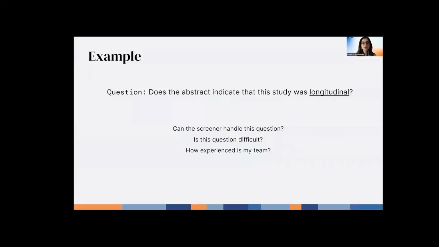So let's go back to our theoretical part. We should be aware that simple questions may not be enough for reviewers. For instance, in terms of this question related to study type, we must know if our screeners can handle this question, if it's difficult for them, and if they are experienced enough to deal with it.